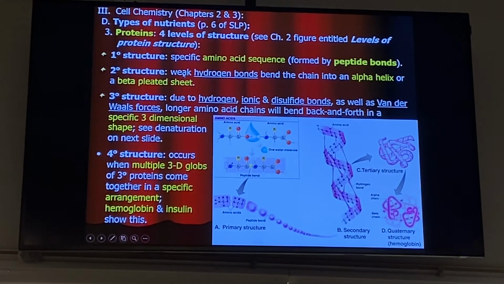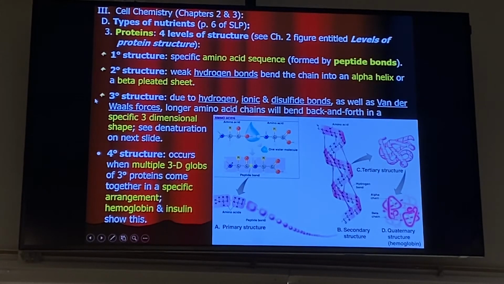And where are hydrogen bonds? Secondary protein structure and tertiary protein structure. That's why those are the two that get broken up with denaturation, and that's why that glob now has a different shape. Does that help to tie to denaturation? Any questions?